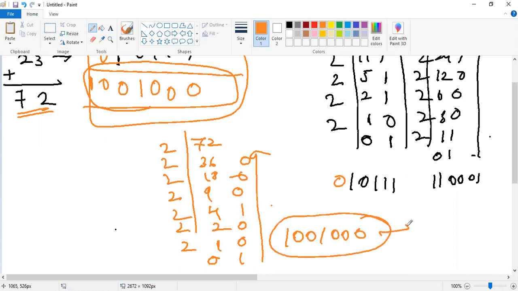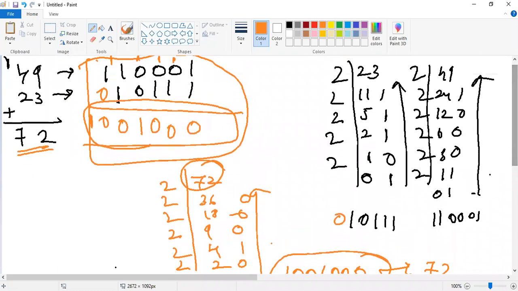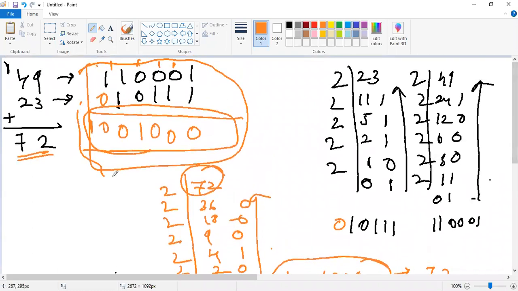See, this number represents 72 only. If we find 72, we are getting this one. And if you observe, when we perform the addition, we are getting this one only. So our answer is correct.